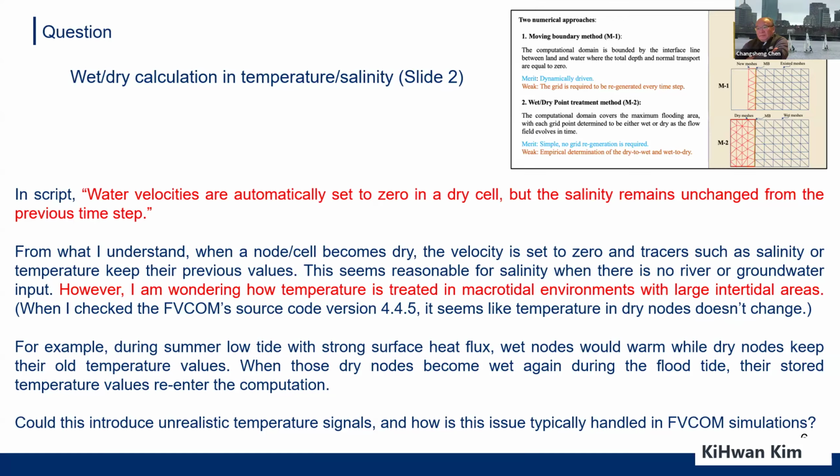Then when the dry nodes become wet during the flood tide, their original temperature value will be used again. What do you think about that? Do you have any special treatment for that?